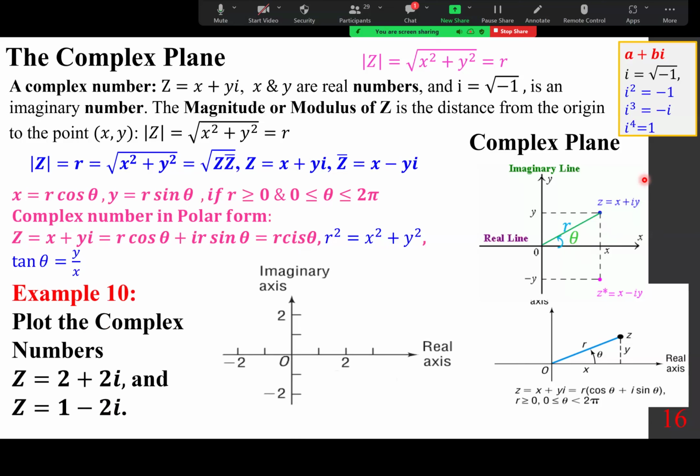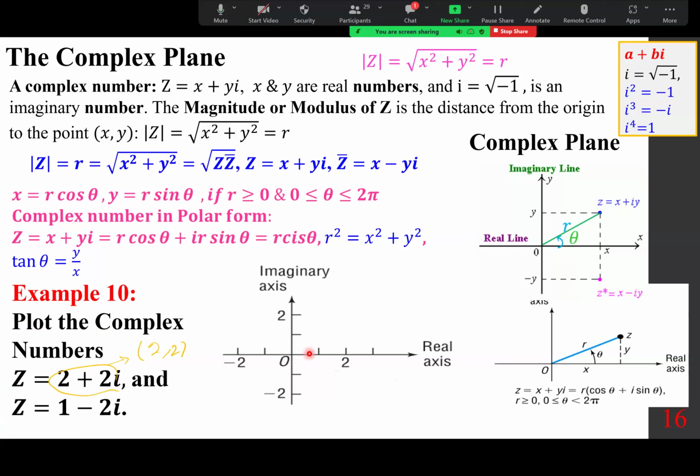So here's a simple example. Just understanding the complex plane, we want to plot the complex numbers 2 plus 2i and 1 minus 2i. So for plotting this, if we have the real axis and imaginary axis, look at these numbers and think about 2 comma 2 as far as basic rectangular coordinate system is concerned.